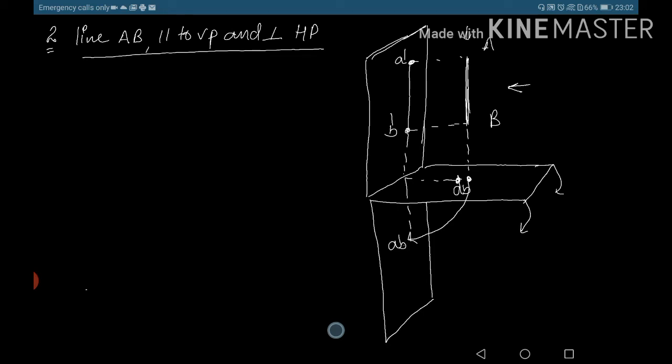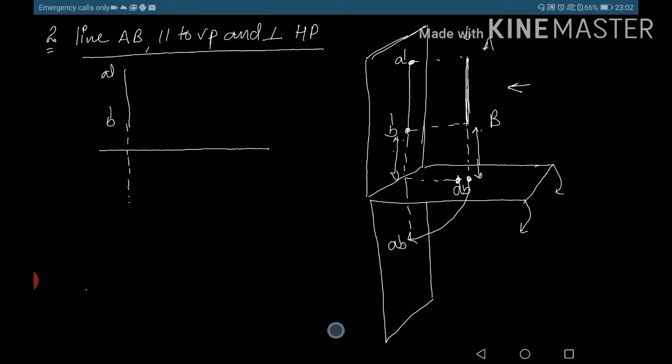Okay, and on the answer sheet, since all the cases are taken in the first quadrant or first angle of projection, whatever this distance is, this distance is taken from the actual line. Okay, the distance would be given, so that distance would be taken from this point, and then draw a line for the given length B dash A dash.